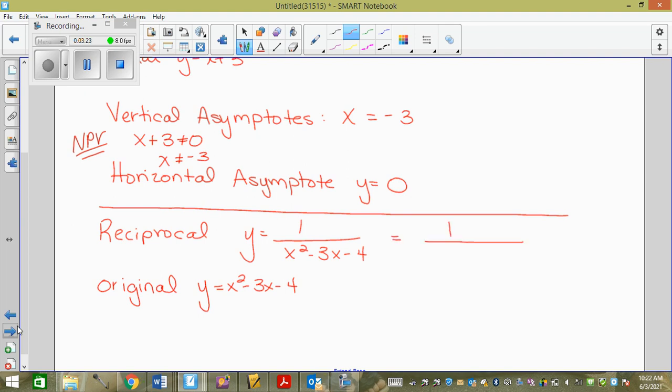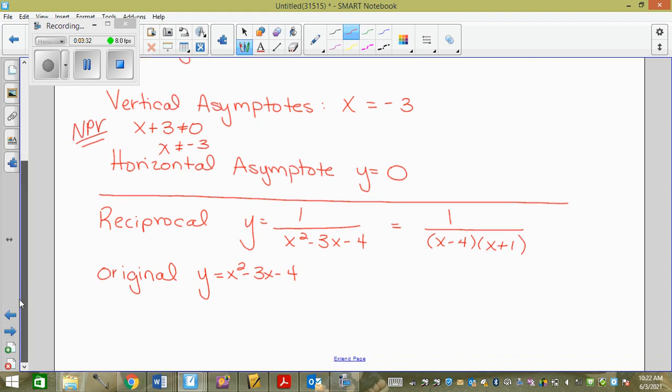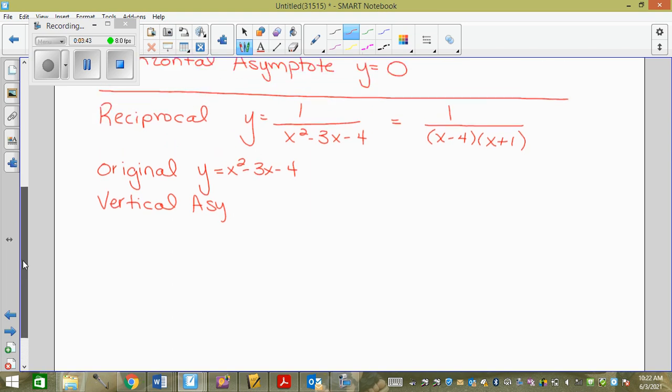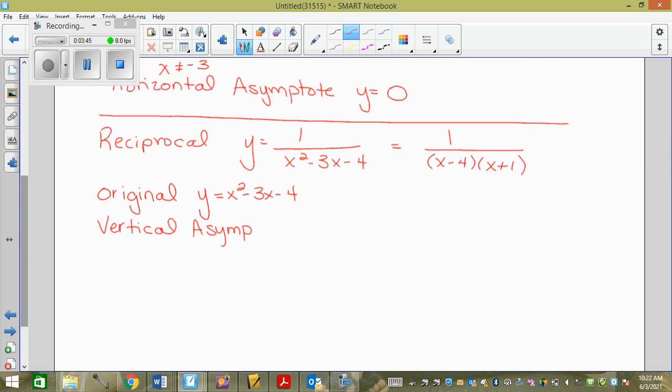Now, if this is my reciprocal, I need to factor my denominator. What multiplies to negative 4 and adds to negative 3? X minus 4, x plus 1. So now it's in factored form. We agree? So we have vertical asymptotes and horizontal.